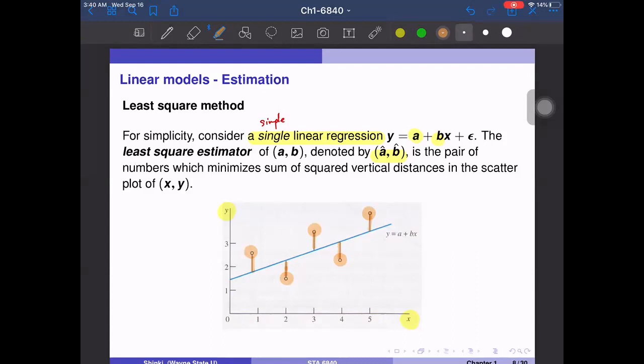If this line is above this place, more observations have larger errors, so the sum of squared residuals becomes larger. If we have another line which has a smaller slope, we have larger error. So we can see that this light blue line minimizes the sum of squared residuals.